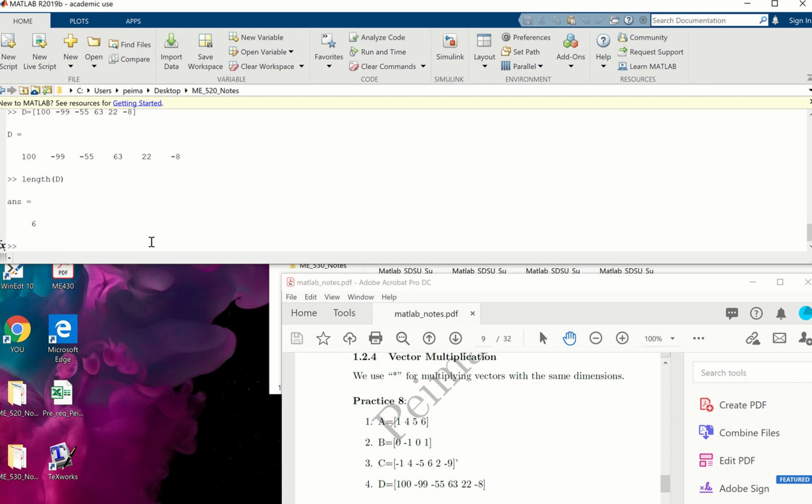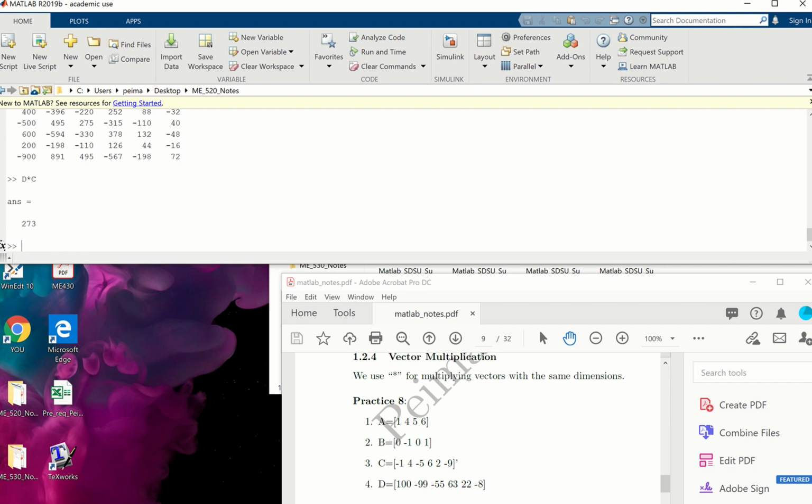Now if I say C multiplied by D, because C is a column and this is a row, you're going to get a matrix. That's right. But if I say D multiplied by C, because they have the same dimensions, this time it's going to be a scalar, guys.